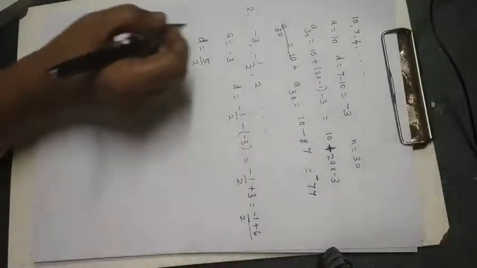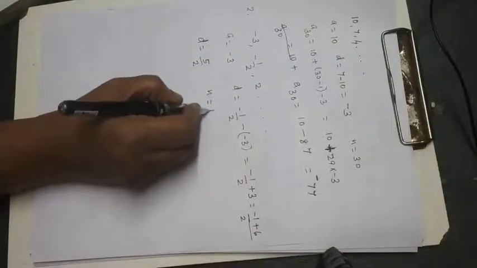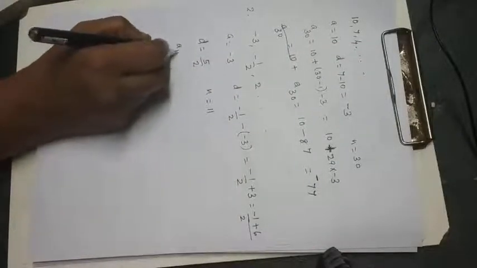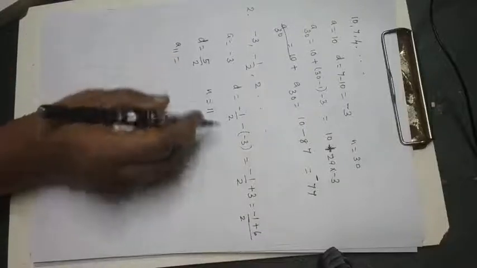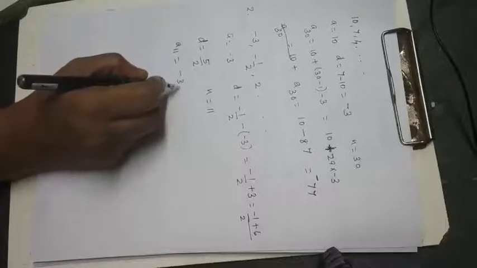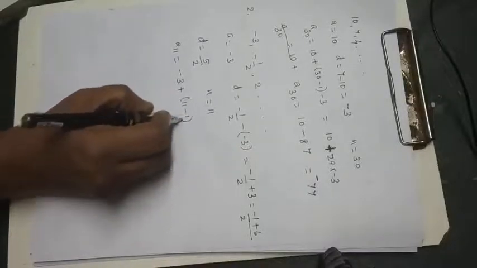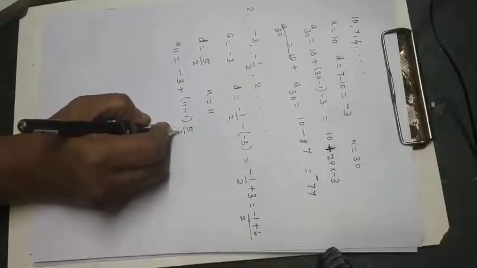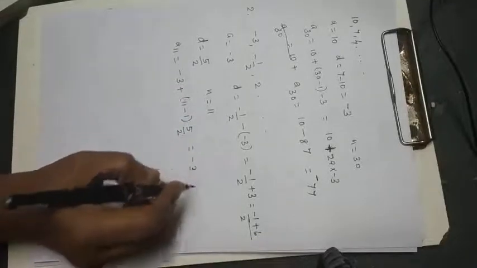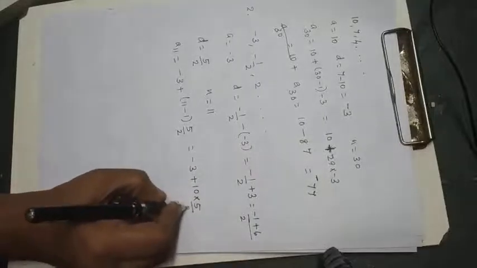Now n is equal to 11. So A11 will be equal to A plus, that is negative 3 plus 11 minus 1 into D, that is 5 by 2. So negative 3 plus 10 into 5 by 2.